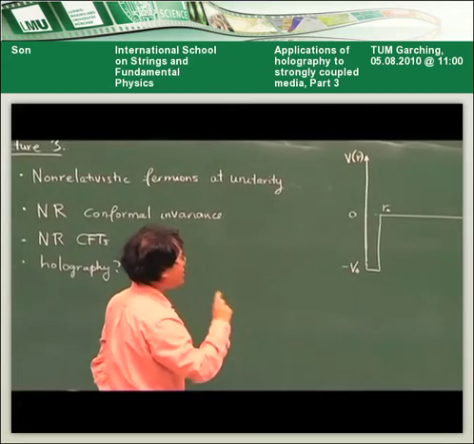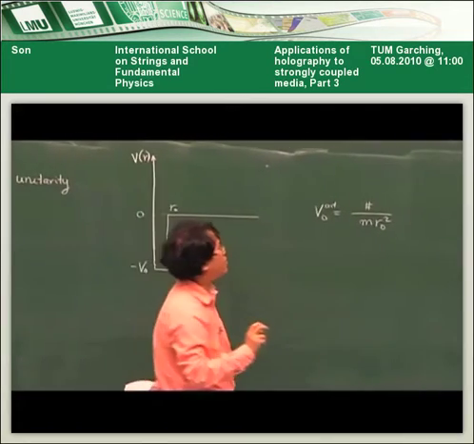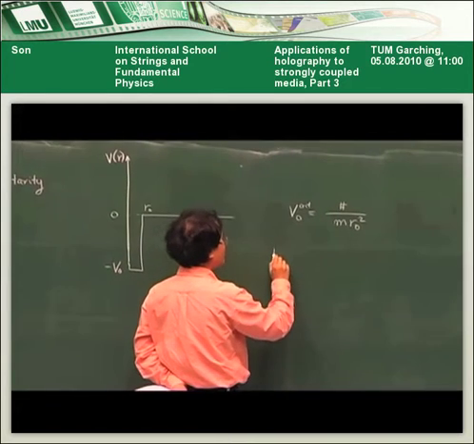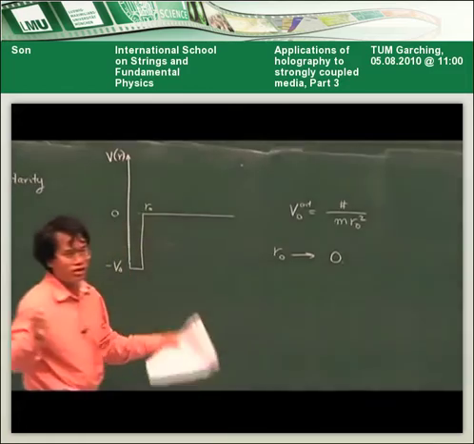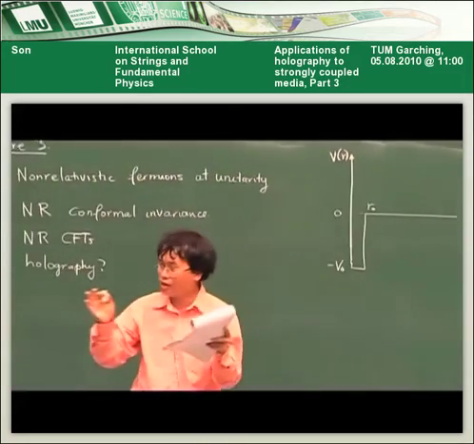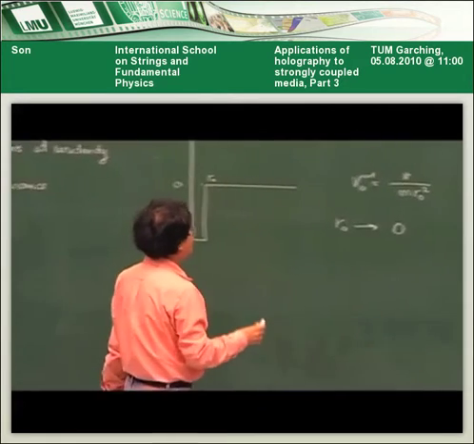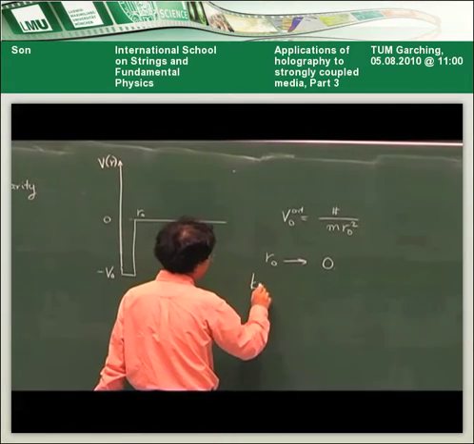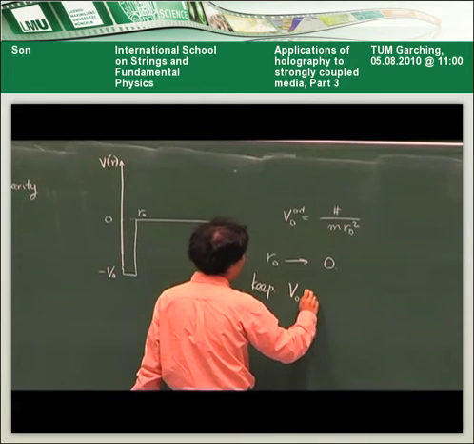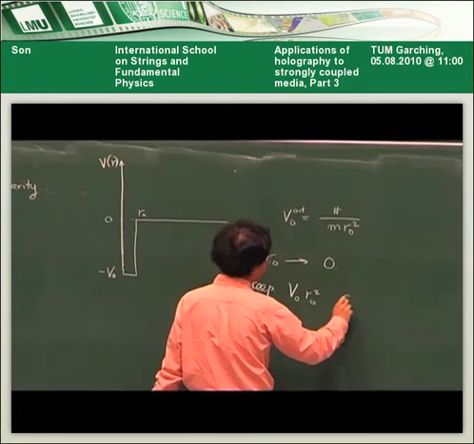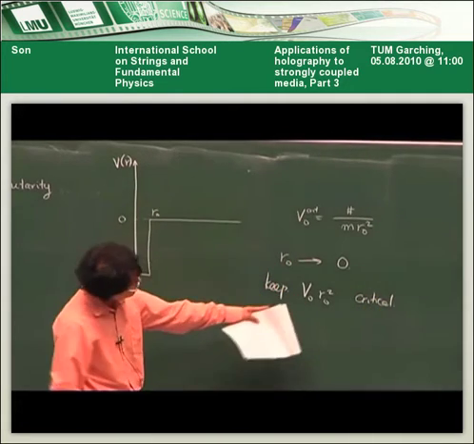Now let me take the following limit in this problem, namely the limit when r naught goes to 0. So the interaction becomes more and more contact-like, but I will keep v naught times r naught square critical. See, this is v naught r naught square.